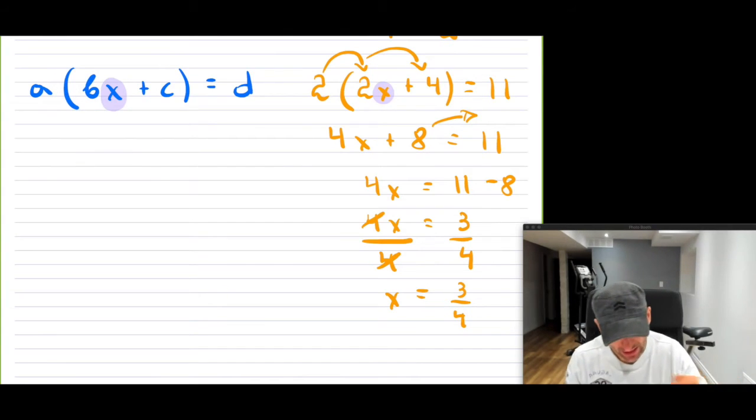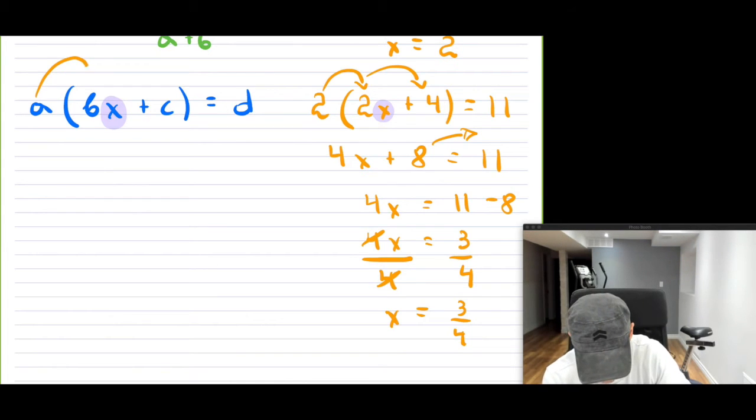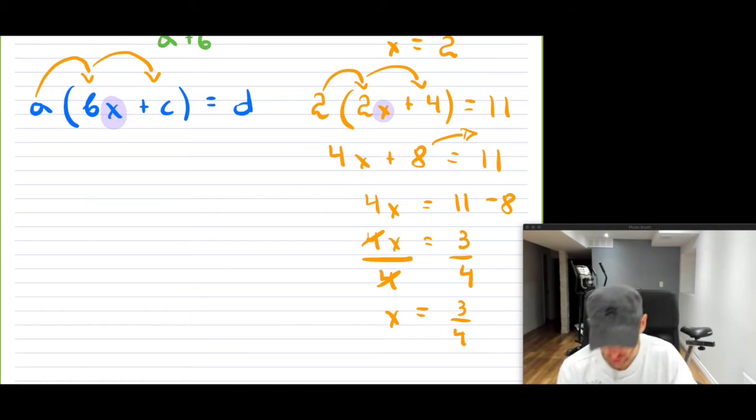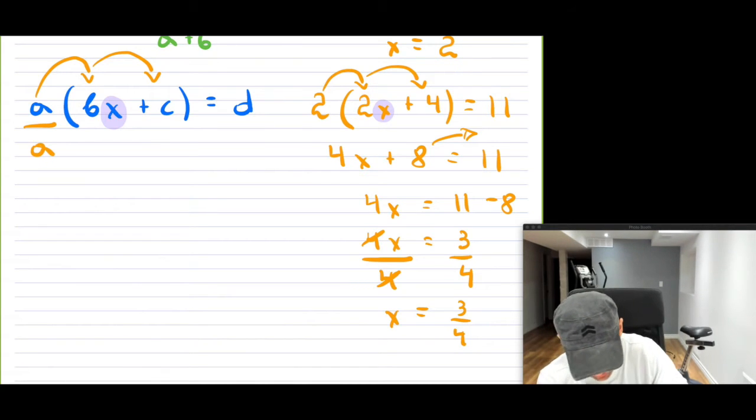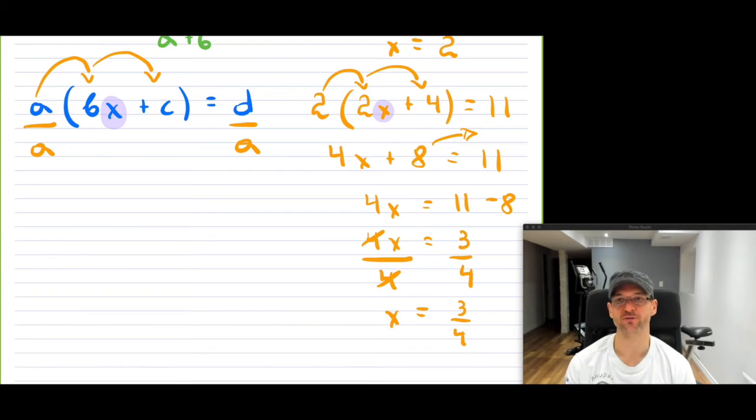Now, what about the left-hand side? How can we kind of mimic this? Again, we can do one of two things. We can either bring this a inside of the bracket. That's one thing. Or we can say, let's divide by a on both sides so that we can get rid of the a in front of that bracket, because it's just a factor.